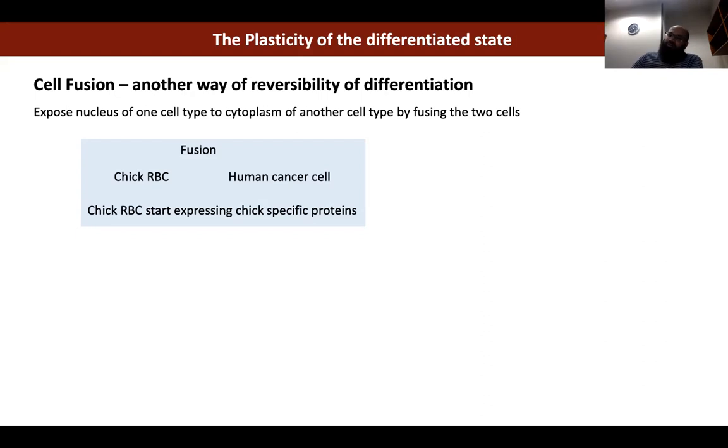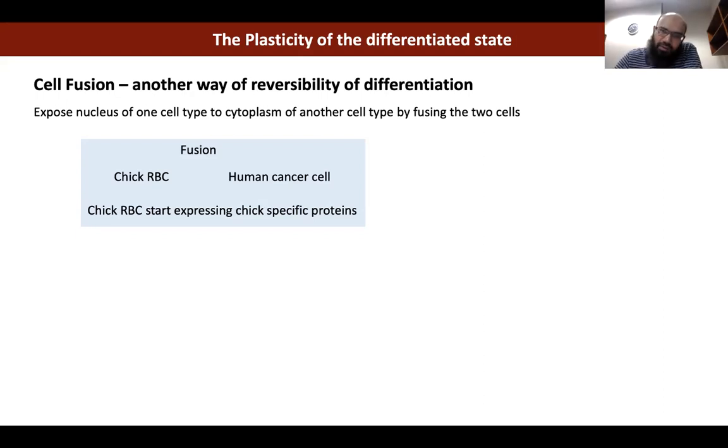And what they observed, very interestingly, was that the chicken RBC started expressing chicken-specific proteins when they fused it with a human cancer cell.